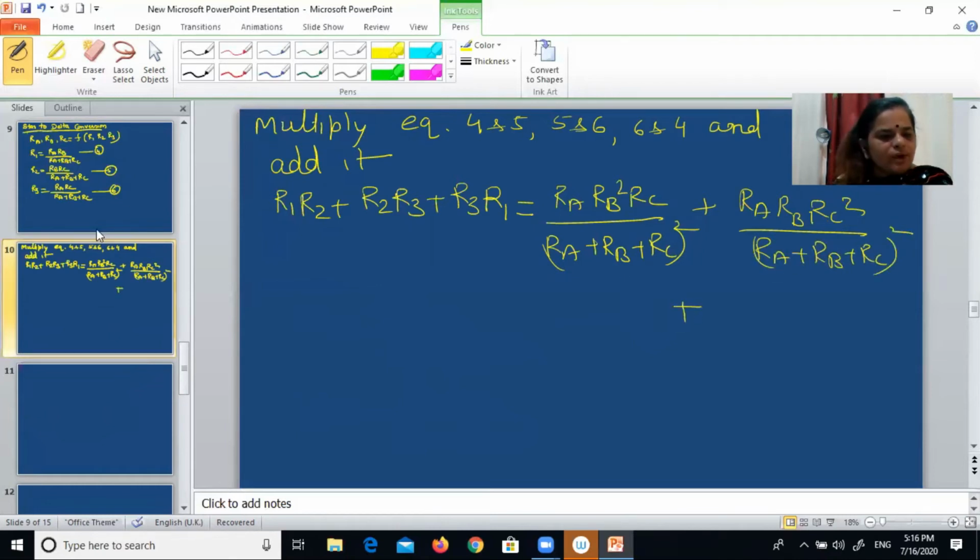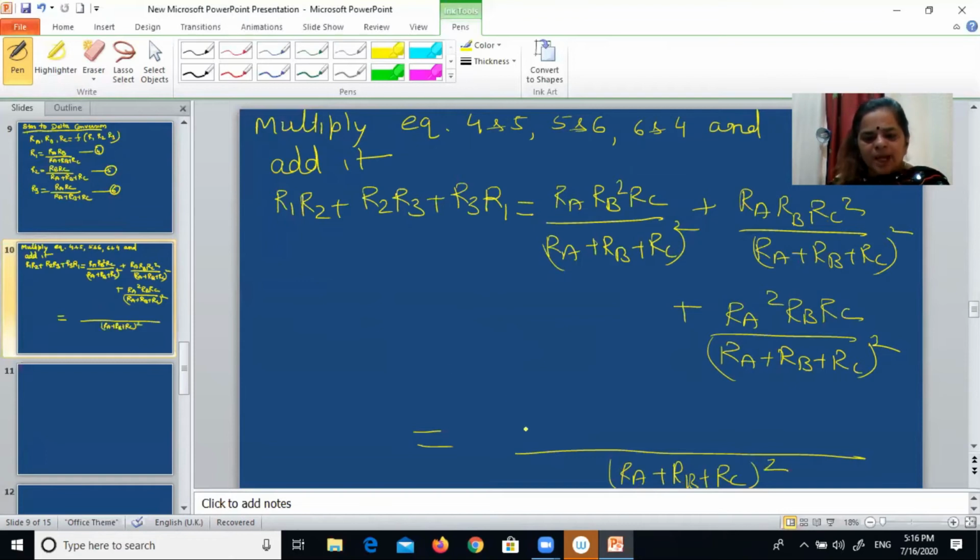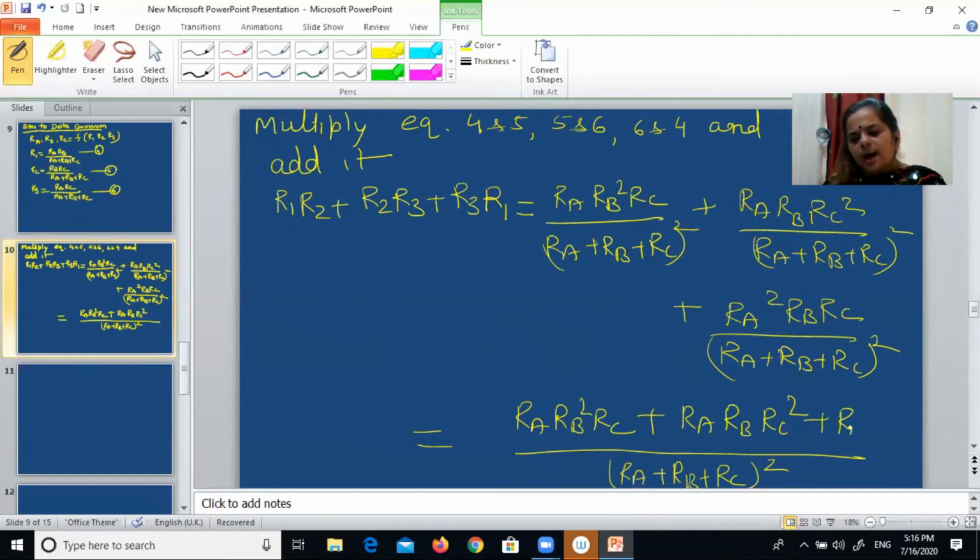And plus, if I multiply 6 and 4, that means RA square RB RC divided by (RA plus RB plus RC) whole square. If I further solve it, I will get (RA plus RB plus RC) whole square in the denominator, and in the numerator RA RB square RC plus RA RB RC square plus RA square RB RC.